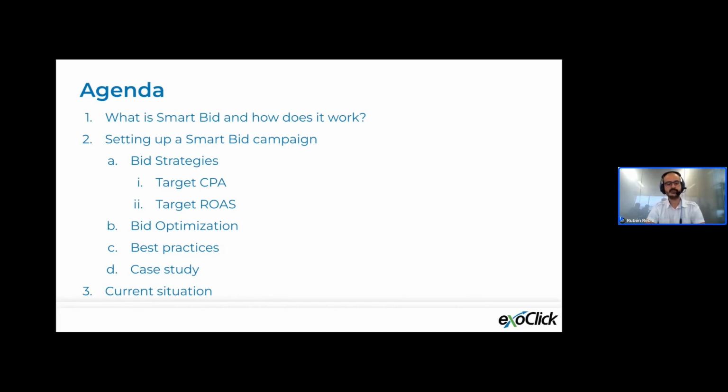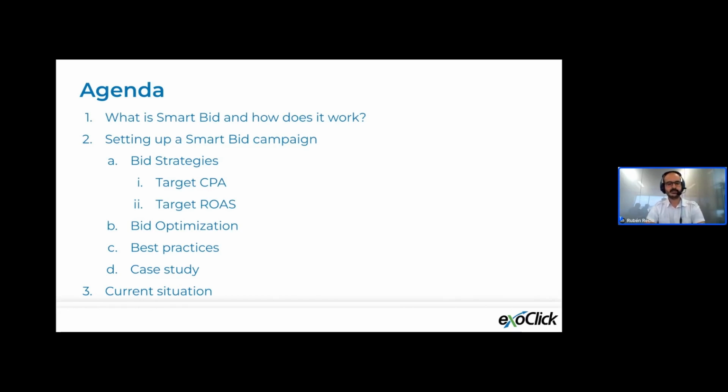We're also going to go through the best practices and some recommendations, and I'm going to show you a case study of some successful campaigns that followed these practices and ended up with positive results. Then I'm going to show you some figures about the current usage of SmartBid in our network. And at the end of the presentation, I'm going to be answering some of the questions that you raise.